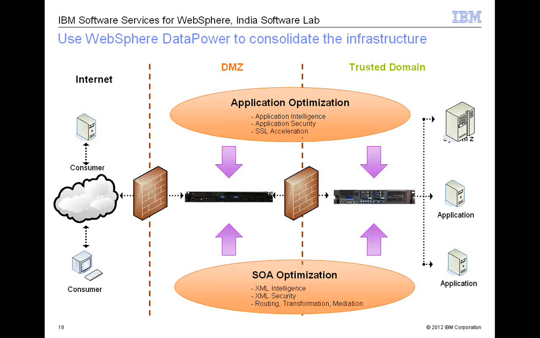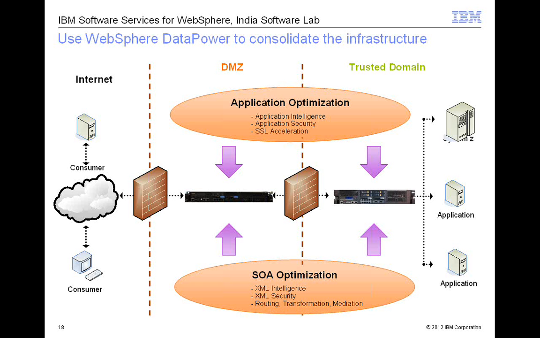It could be application intelligence, and I'm going to show you a slide on what I mean by application intelligence. It does application security, SSL acceleration, SOA optimization, of course routing, all the ESB capabilities that you might want: routing, transformation, mediation, handling of events, and all of that. So this is what I call a comprehensive solution and a comprehensive component that can simplify your architecture and infrastructure.